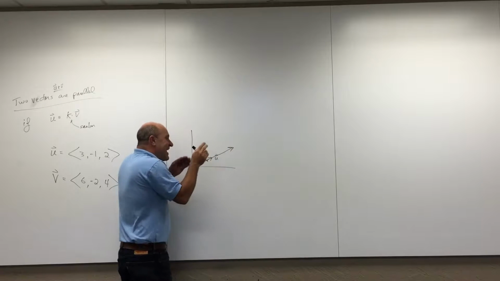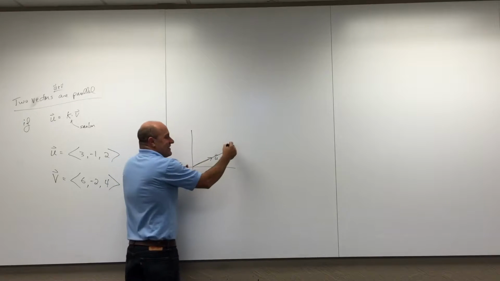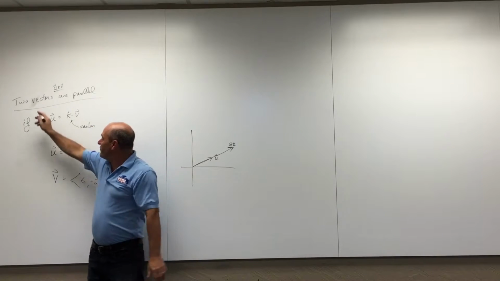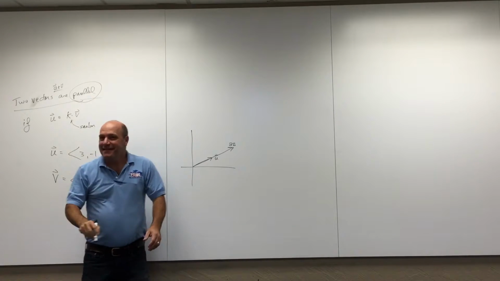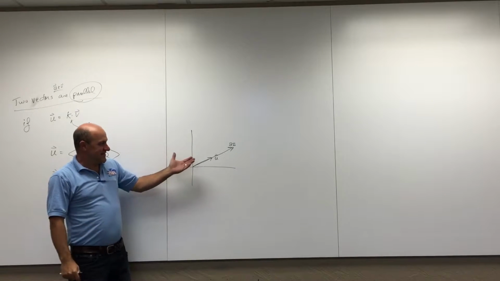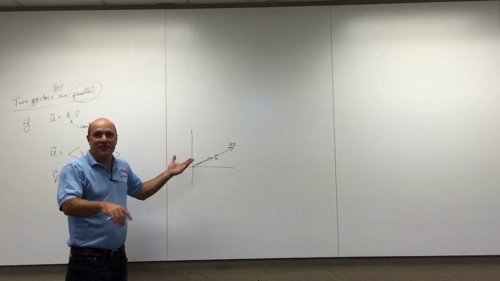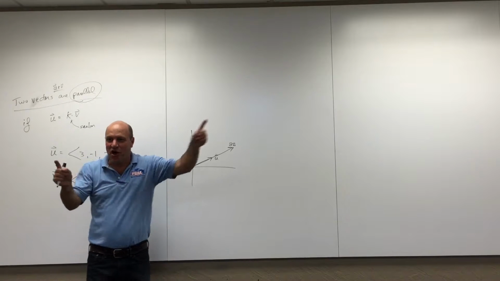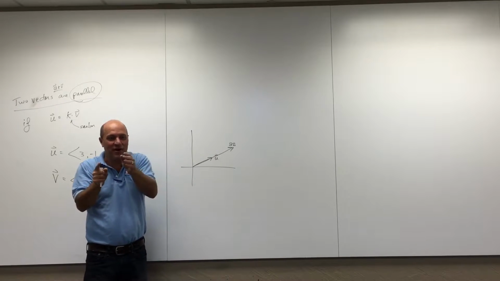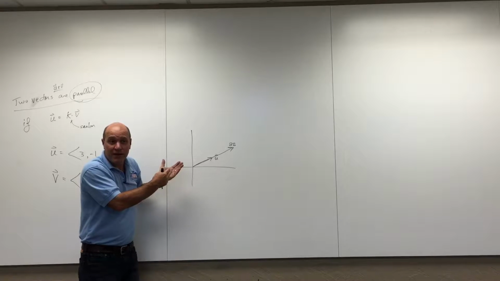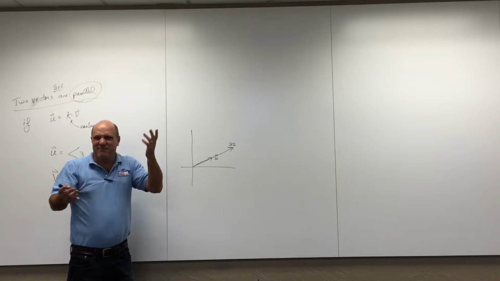When you draw 2 times u, it lands right on top of u. I'm using the word parallel, but the funny thing is, when you draw or depict these scalar multiples, they're all landing on top of each other. They're just longer or shorter, especially if we all draw them starting at the origin, like we're supposed to. So in a way, maybe that throws you off.